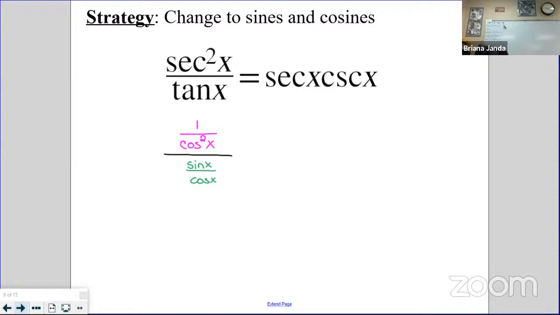My top fraction stays the same times the reciprocal of that bottom fraction. These are, again, equivalent to each other, right? Now comes the simplifying part. So keep in mind that this is like 1 over x squared times x over y, right? What are we able to simplify at this point?